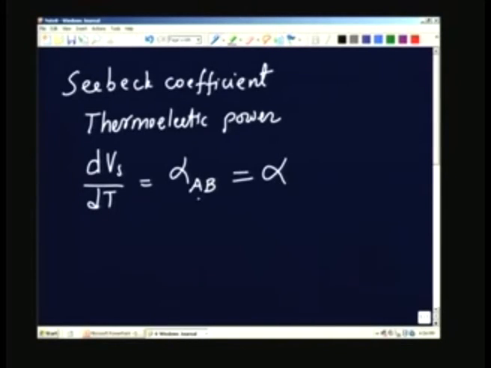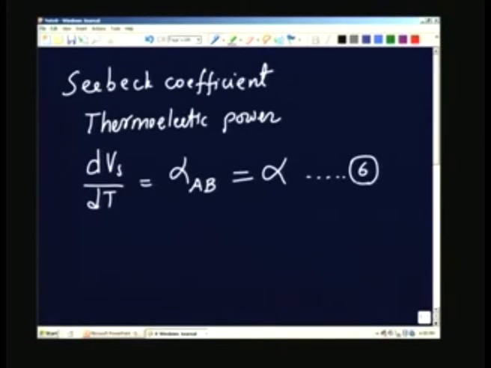Instead of explicitly mentioning that, I will just say alpha. dVs by dt equal to alpha defines the Seebeck coefficient, equation 6.